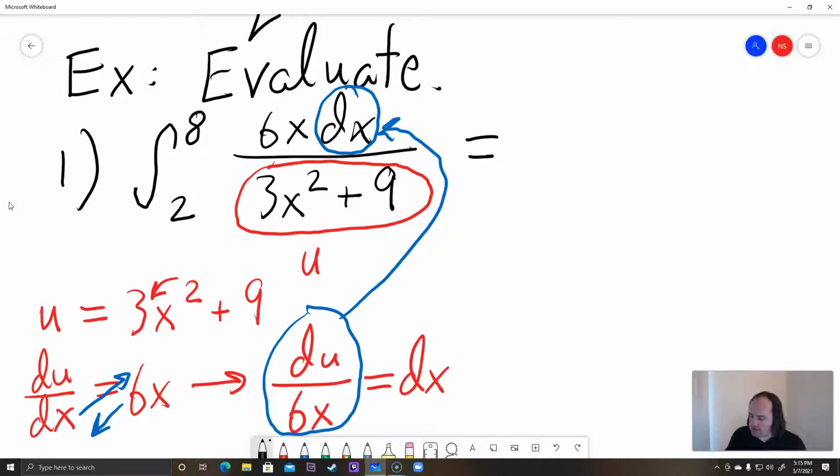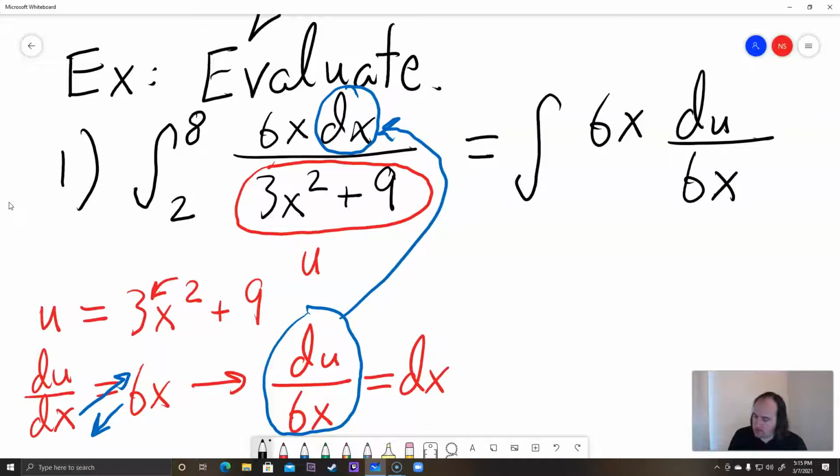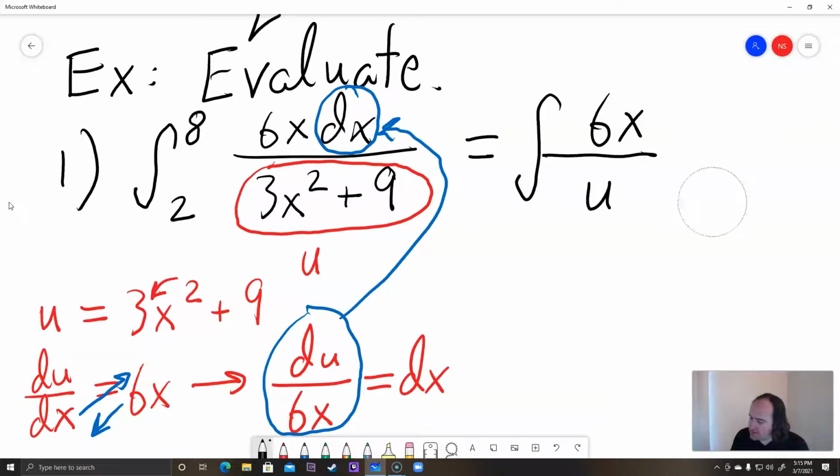So what we have is the integral of 6x times, well, plugging in for dx, we're plugging in du over 6x. Okay. And then in our denominator over here, we still have a 3x squared plus 9, but that's actually the same as u. So we have the integral of 6x over u times du over 6x.